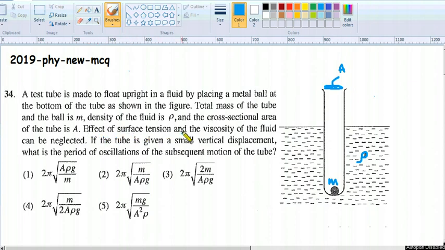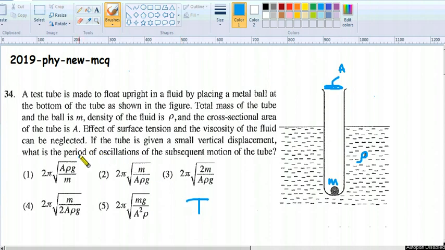Effect of surface tension and the viscosity of the fluid can be neglected. If the tube is given a small vertical displacement, that means they push this down into the water, what is the period of oscillations, capital T?